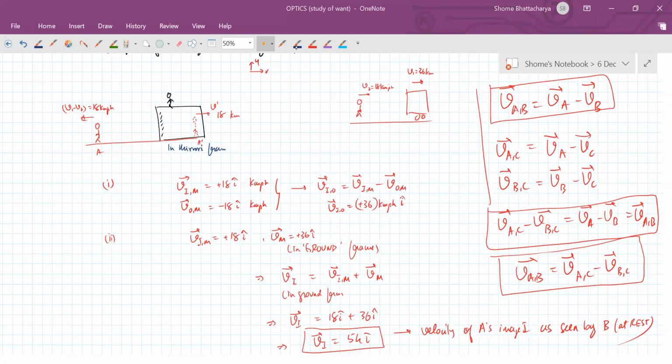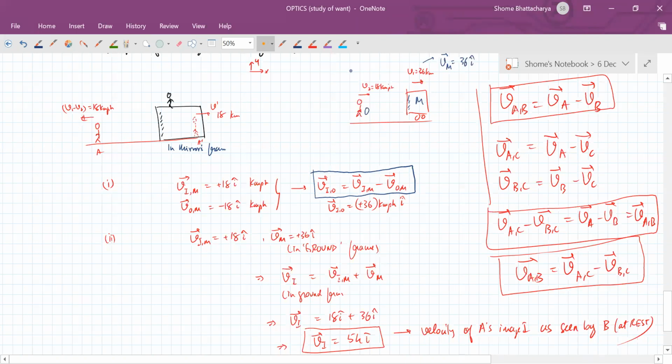So this equation that I've written, this is this one only. The velocity of the image with respect to the object is the velocity of the image with respect to the mirror minus the velocity of the object with respect to the mirror. Okay, so this is the mirror. So this is only the velocity of the mirror in the ground frame. It's 36 i cap. This is the object. So this is the velocity of the object in the ground frame. So from that we have got this. This is the velocity of the object with respect to the mirror.